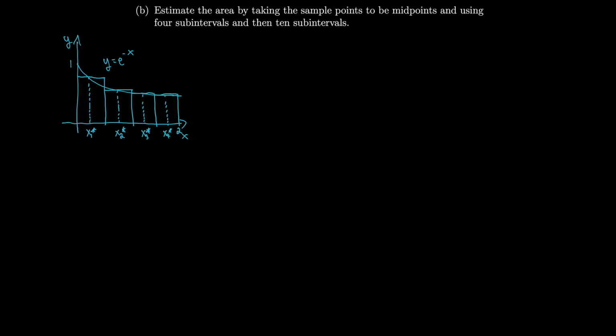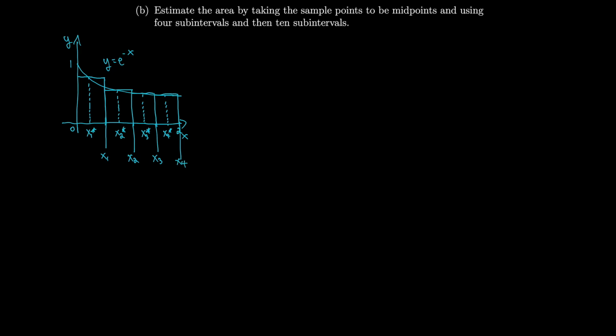And remember, it goes from 0 to 2. So over here, if I were to look at this point, this is x1, my right sample point. Over here, this is x2, x3, and x4.